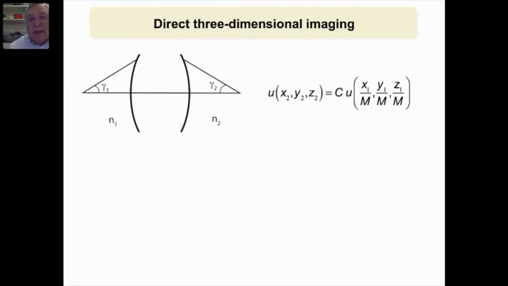So the idea is, can we form an optical system where the image on the right hand side is a scaled version in X, Y, and Z of the image on the left hand side?